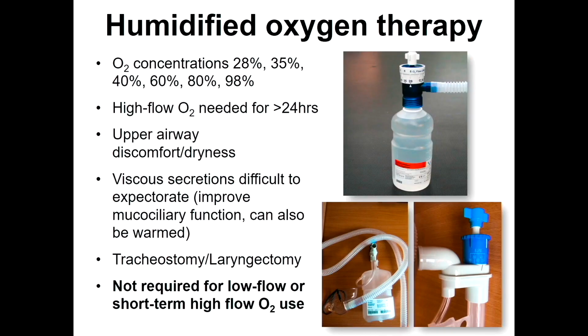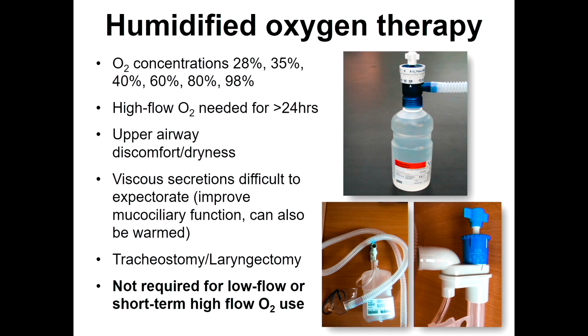When we talk about humidified oxygen therapy, again, it is about giving acute oxygen therapy at accurate concentrations ranging from 28% right up to 98%, but it's about giving the oxygen therapy through moisture and heat if required.